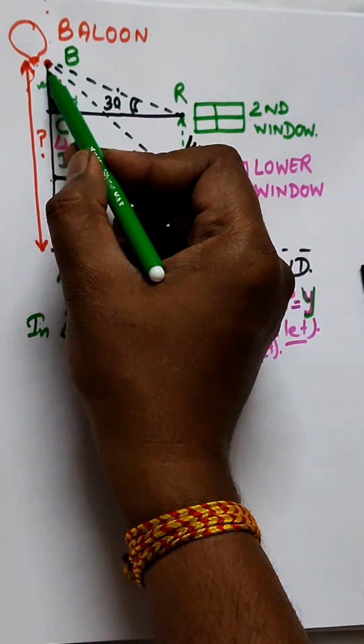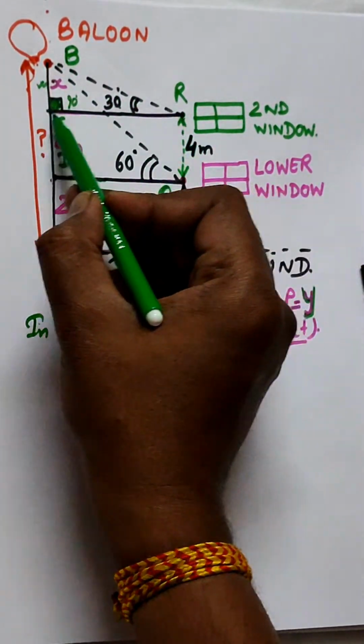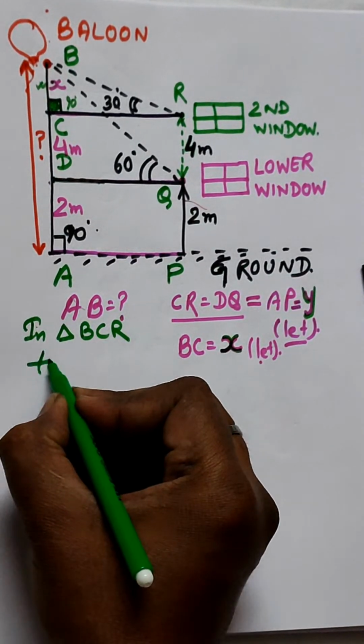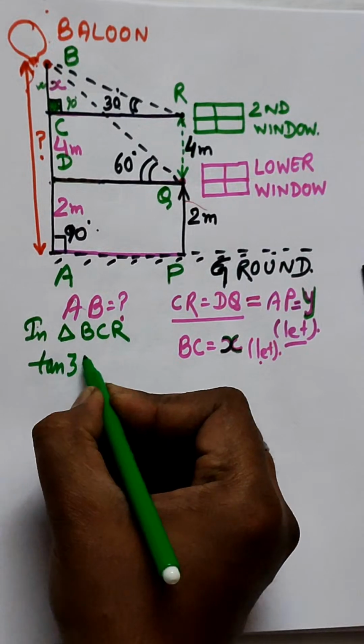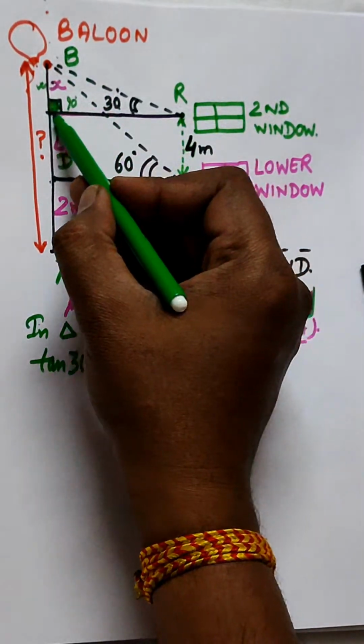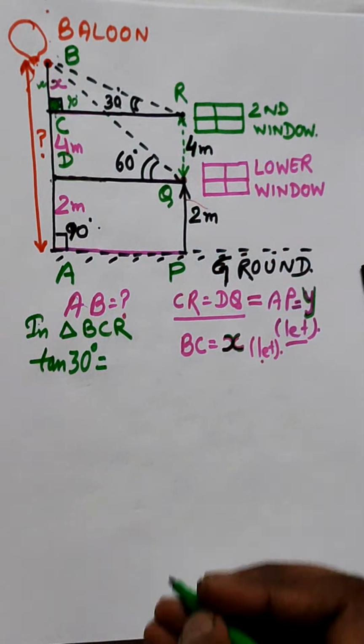So the relation between this and this distance CR will be tan. So tan of 30 degree is equal to BC by CR, right?